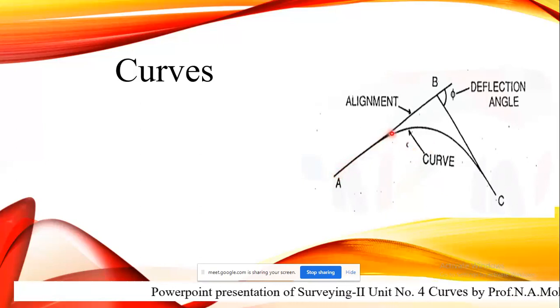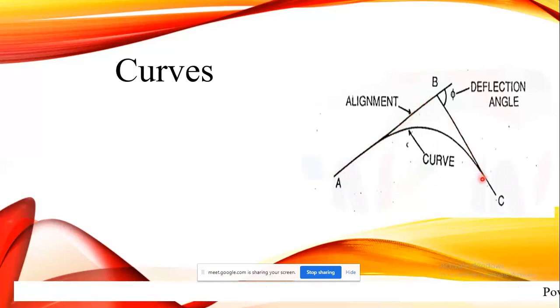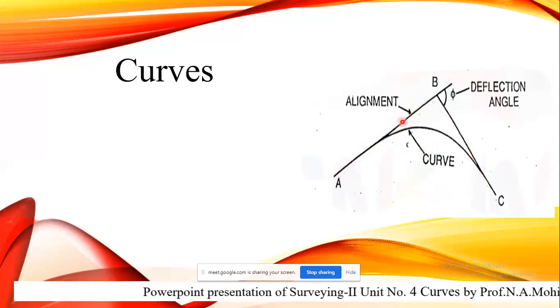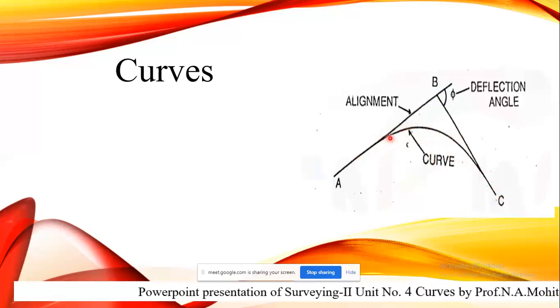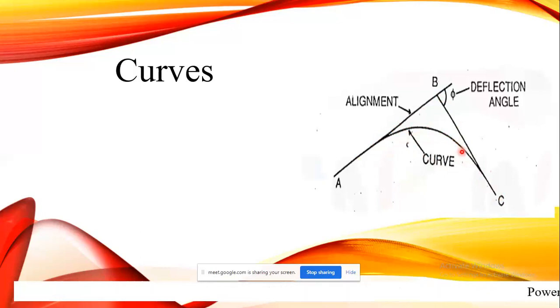Whenever you are supposed to take a diversion or a turn, this is the original line. A to B is the original line, and BC is the deflected line. In between that, we are going to provide a smooth curve so that it becomes possible for a vehicle to run easily over that arc.